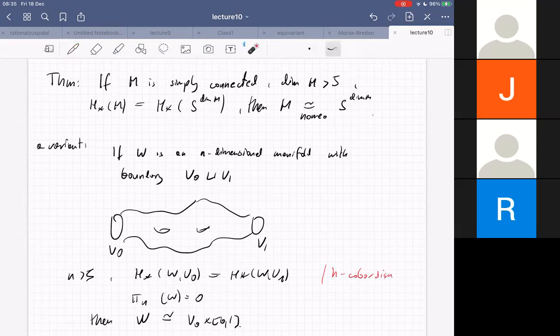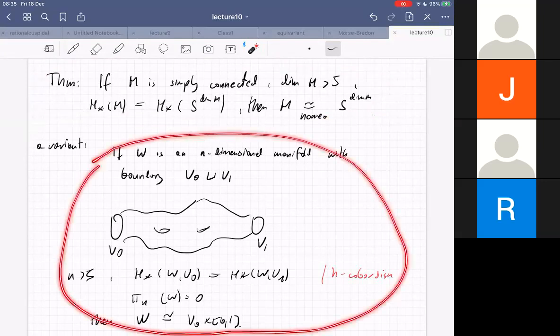That it is a manifold that bounds a disjoint sum of two manifolds means that W is a cobordism between V0 and V1. And this condition means it's an H cobordism. So this is an extra condition, and then this is the product. These two theorems are tightly related. We will prove this one. If you go to Milnor's book, Milnor gives the proof of the slightly more general one.